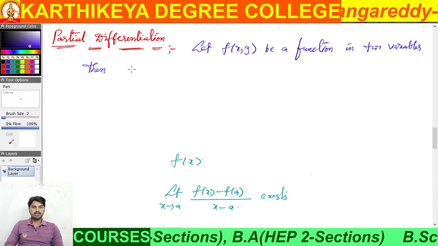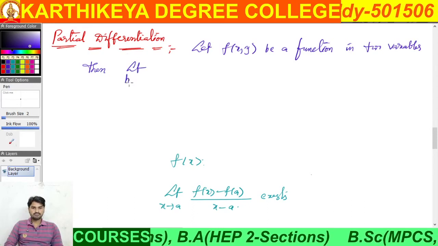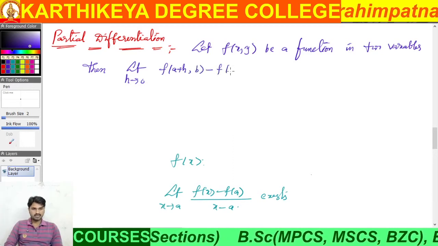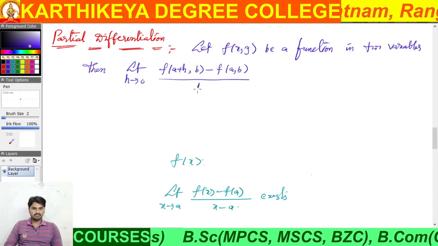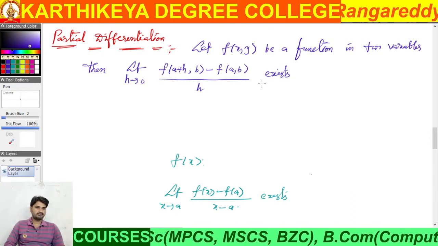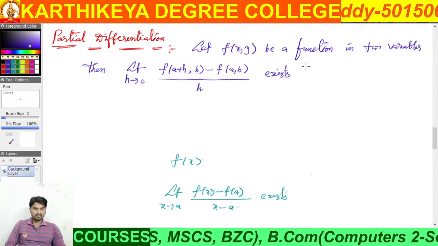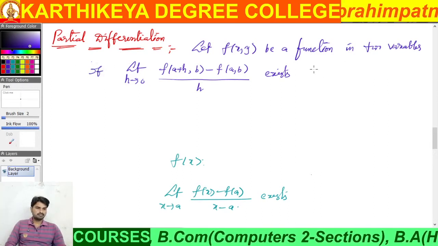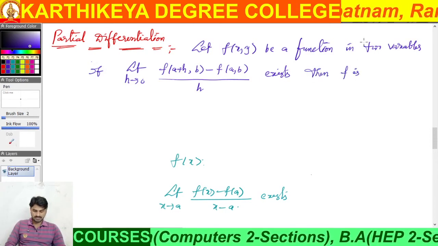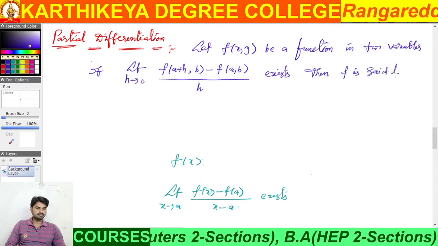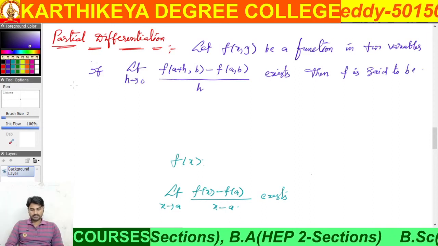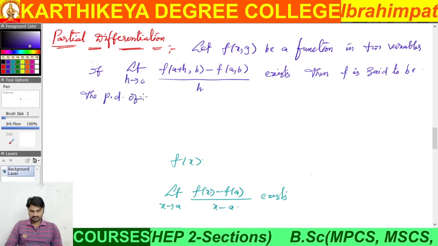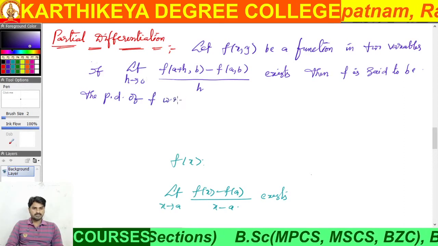If the limit as h tends to 0 of f of a plus h, b minus f of a, b by h exists, then f is said to have the partial derivative with respect to x.